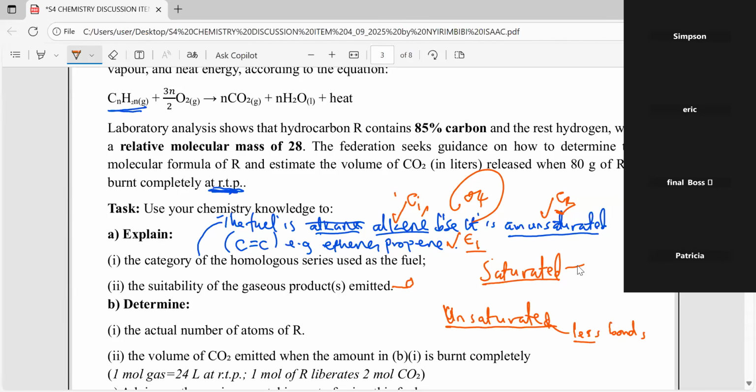So here you're saying there are fewer bonds, then here they are what? More bonds. More bonds. Okay, that is good.